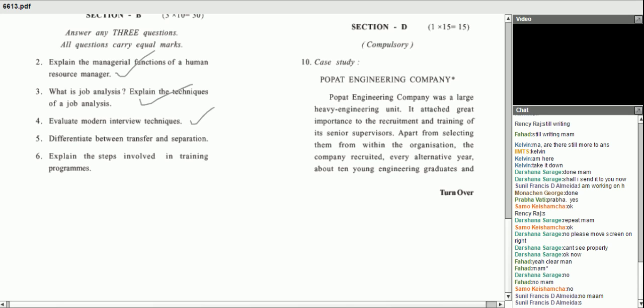So how many questions have you people completed till now? Please let me know in the chat box. How many are left out?